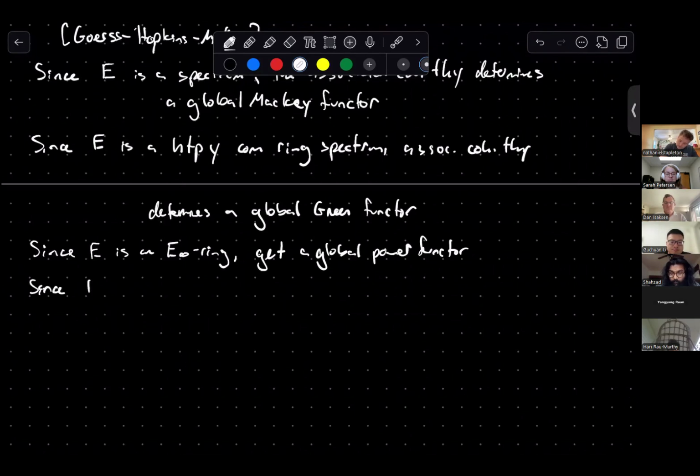Since E is K(n)-local, we get transfers along surjections. And so the value of E on finite groups has all of the structure that we saw in these other two examples.